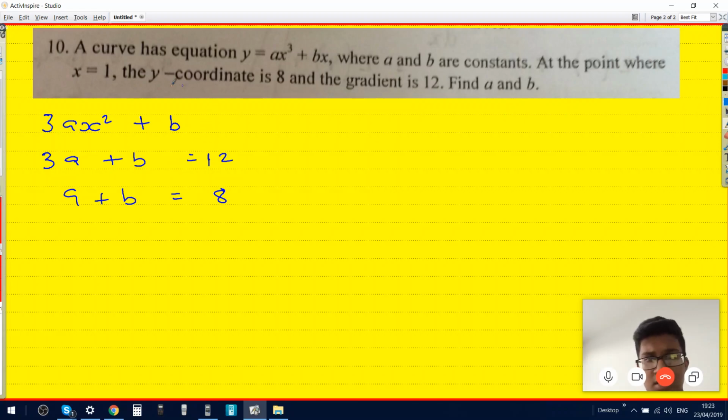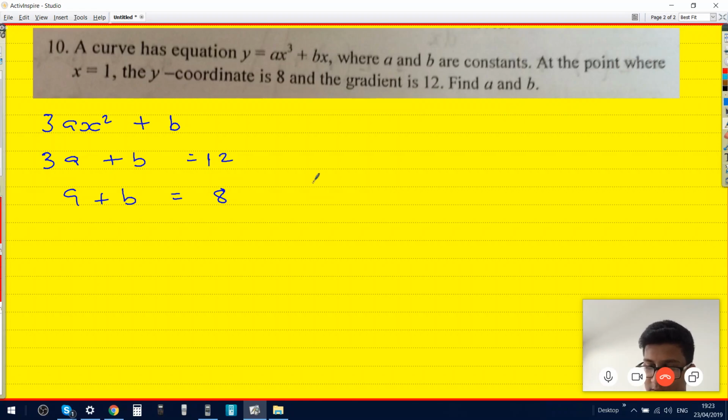The y coordinate is 8, so that's equal to 8. That was the 3ax squared plus b. So when you sub in 1 for x, you get 12.